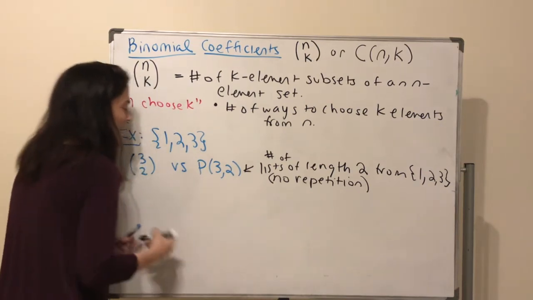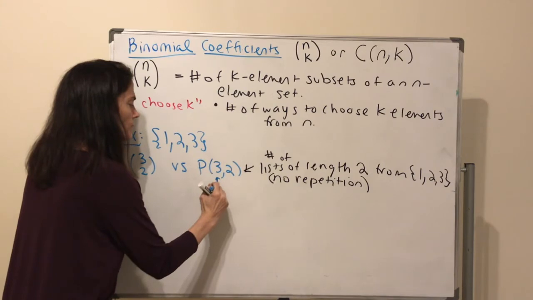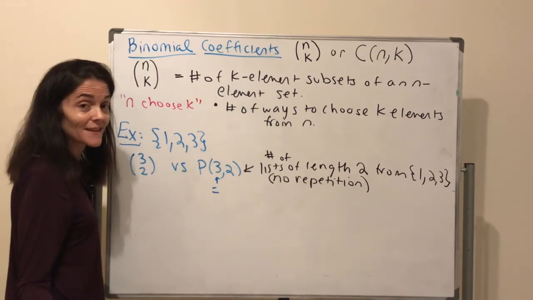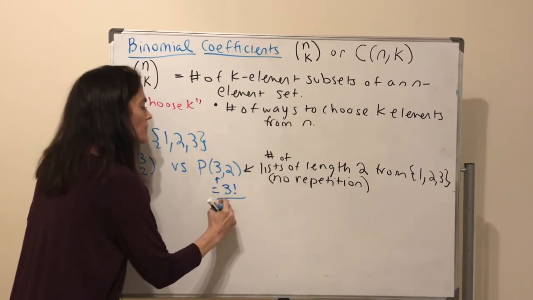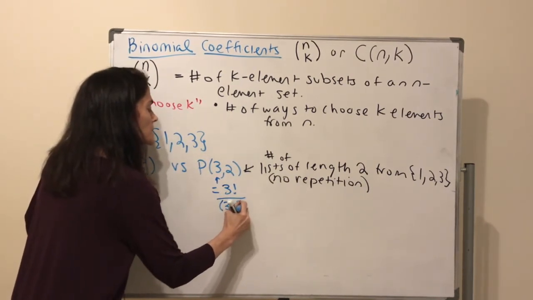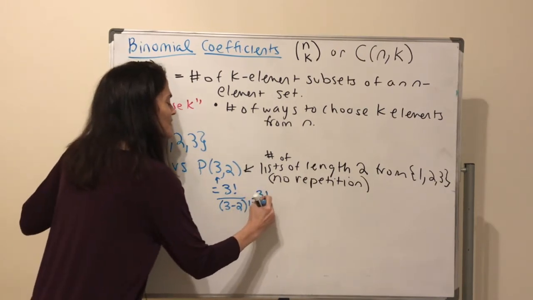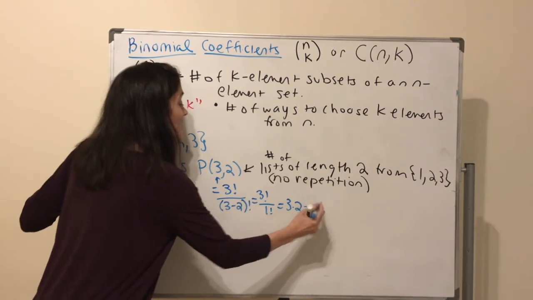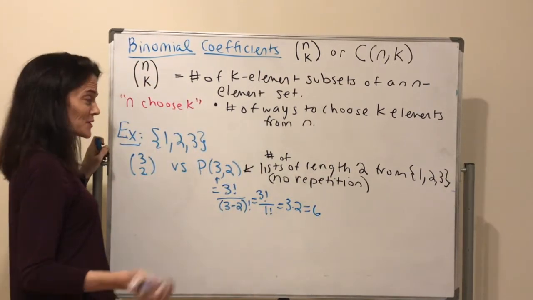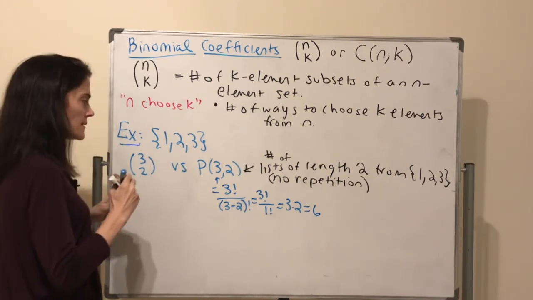For instance, we had a formula here which came from the multiplication principle. This was 3 factorial over (3 minus 2) factorial, which is just 3 factorial over 1 factorial. This is 3 times 2. So we should have 6 lists of length 2 coming from this set with no repetition.